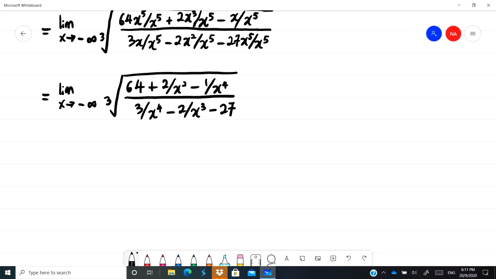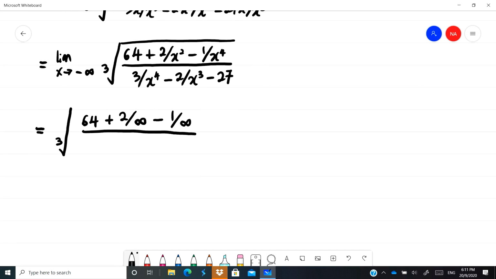Now we substitute the value of x with negative infinity, so you don't have that limit anymore. You get 64 plus 2 over infinity minus 1 over infinity, over 3 over infinity minus 2 over negative infinity minus 27.